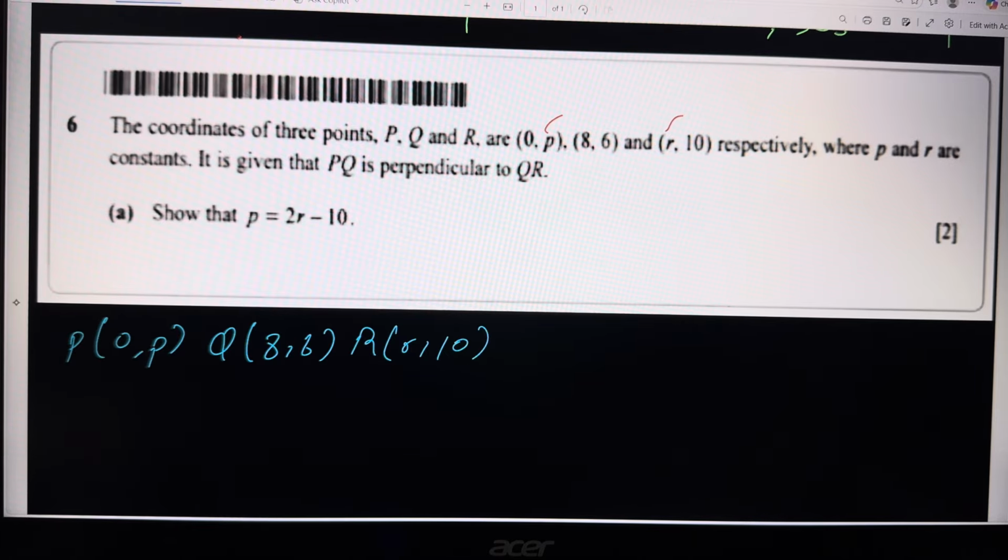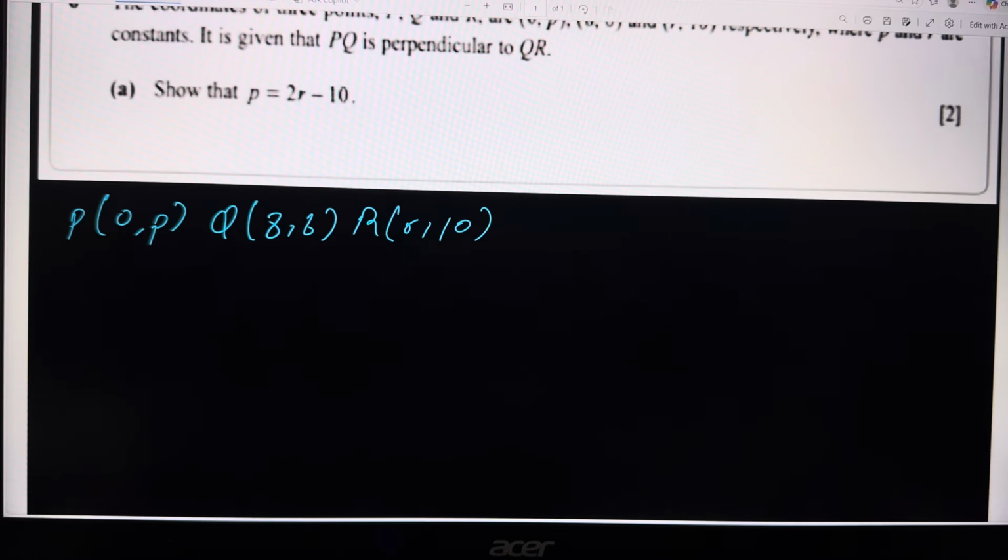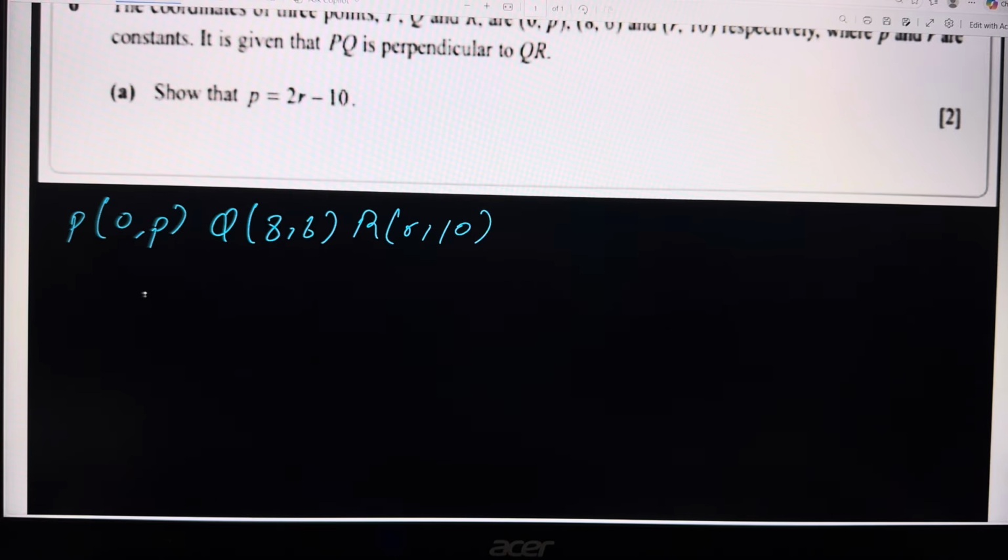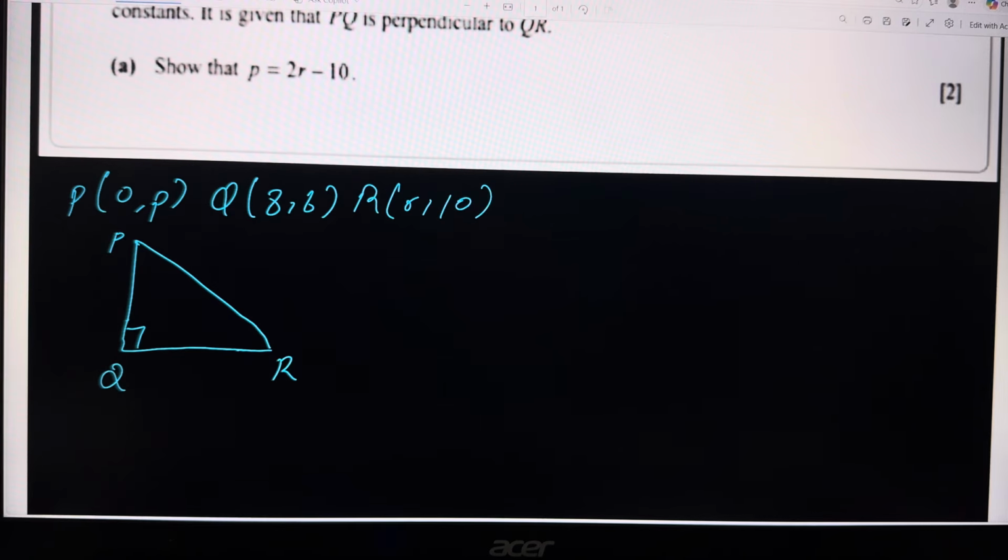Okay, now it said that PQ is perpendicular to QR. We don't have to make it an exact representation, but we can do this and this and this. So PQ is perpendicular to QR, right? And now we want to find p.